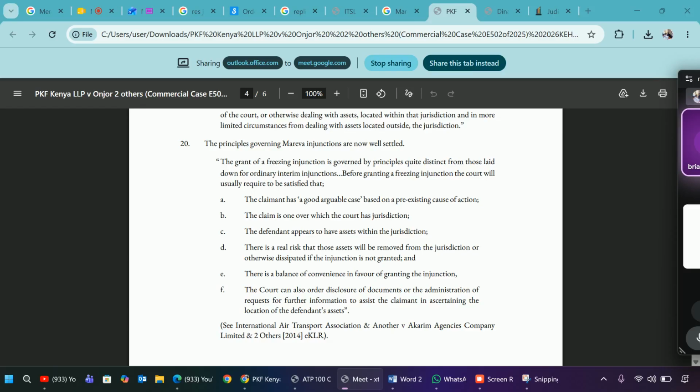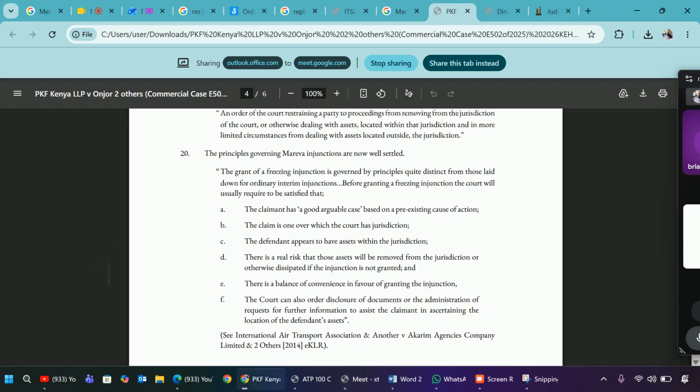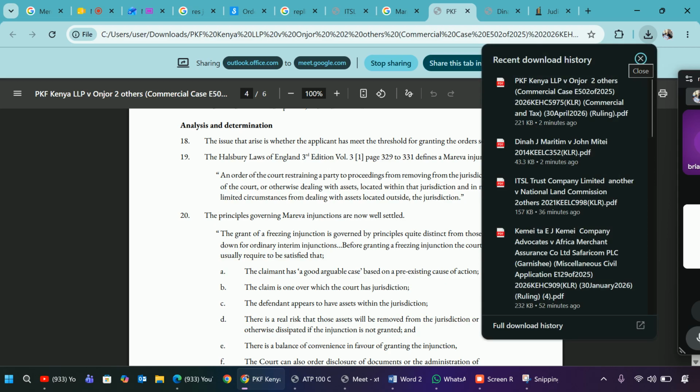See International Air Transport Association and another versus Al Akarim Agencies Company Limited and two others, 2014. The second one I have now opened is called PKF Kenya LLP versus Onjor and two others, Commercial Case E502 of 2025. It was a ruling.